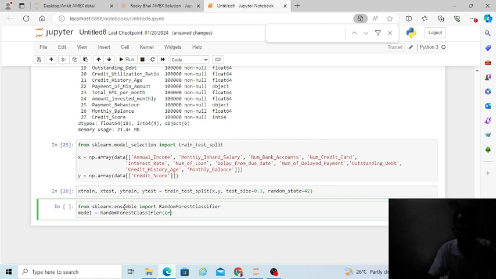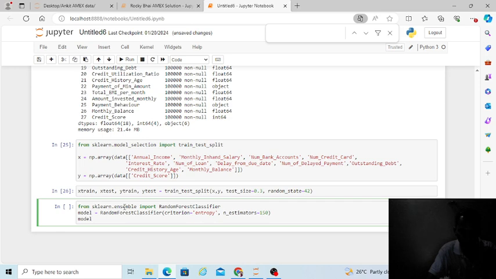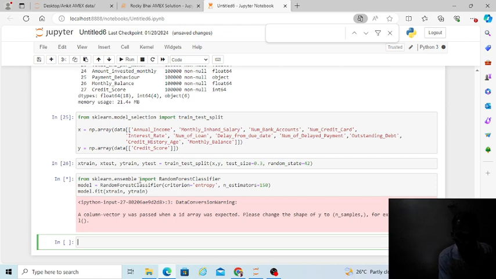I will give criterion equal to entropy and n_estimators equal to 150, and I will do fitting over our training data, that is model.fit X train comma y train first. I will train my data.